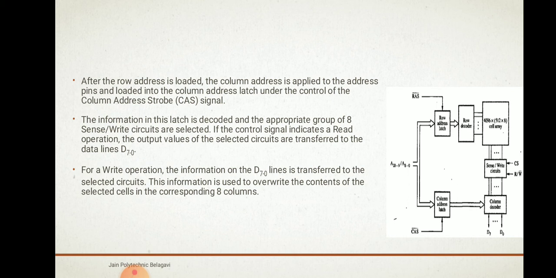Suppose you are using a write operation. Then the information present on D7 to D0 will be transferred to the selected circuits. Now this information is to override the contents of the selected cells in the corresponding 8 columns. So for columns we use the sense write circuits for both reading and writing.